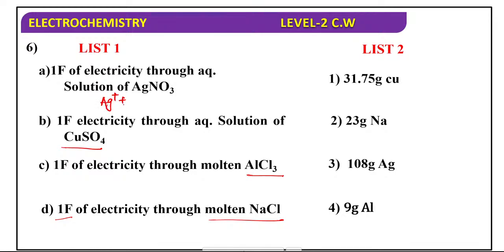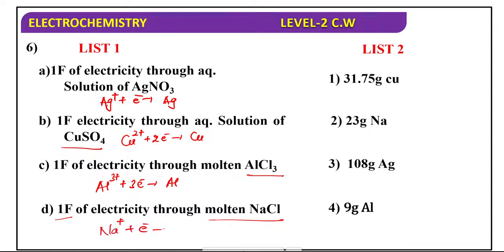In AgNO3, Ag plus will gain 1 electron. In copper sulfate, copper 2 plus will gain 2 electrons. In AlCl3, Al3 plus will gain 3 electrons. And in NaCl, Na plus will gain 1 electron.